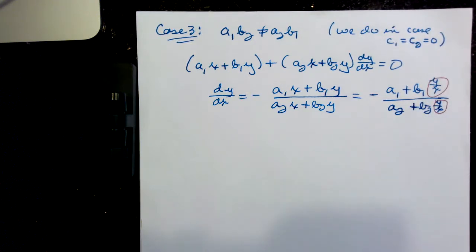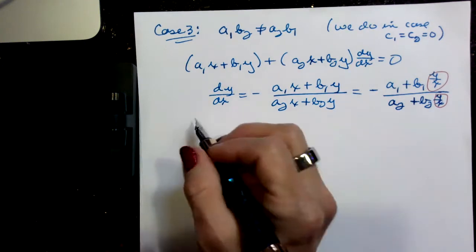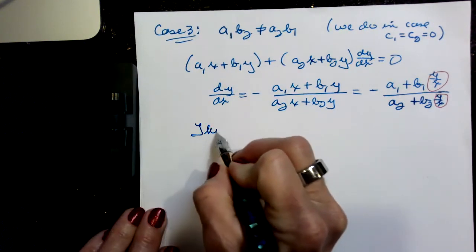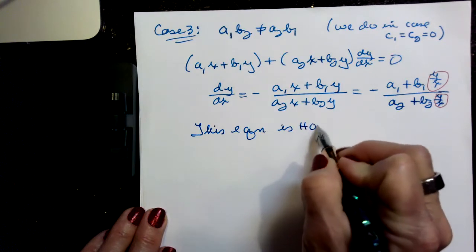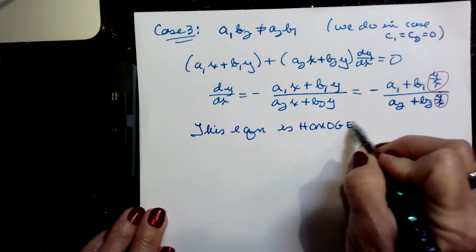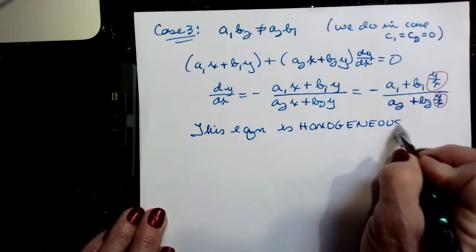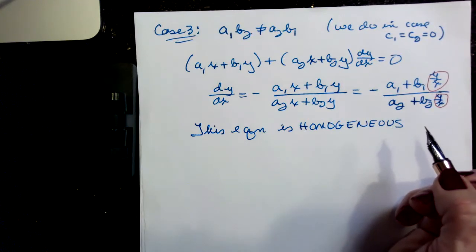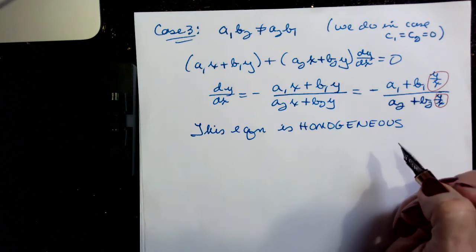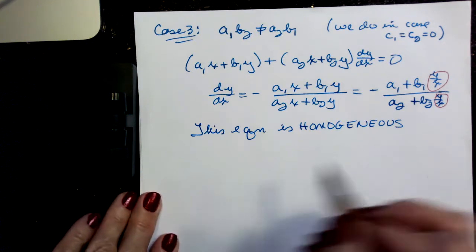So that gives us a homogeneous equation, and we can solve it by the method we discussed a couple of submodules ago.